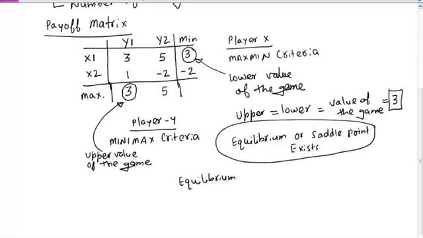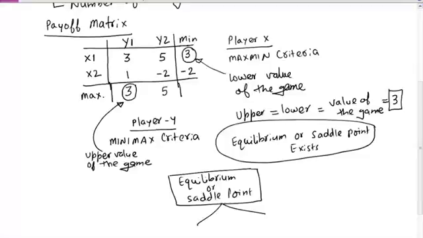Equilibrium or saddle point, so we have two situations. One is that this point exists, and the second situation is that it does not exist.